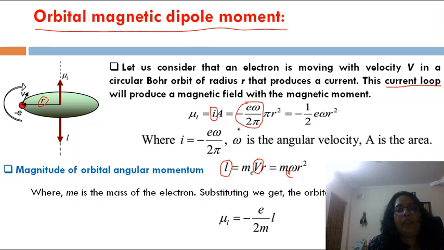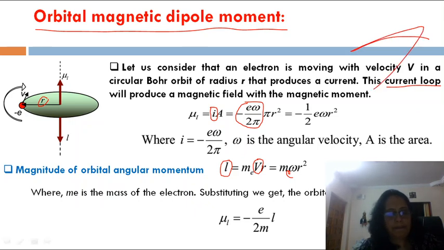Now, as mu L, magnetic moment, is minus 1 by 2 e omega r square, therefore here we can replace omega r square by L by m_e.